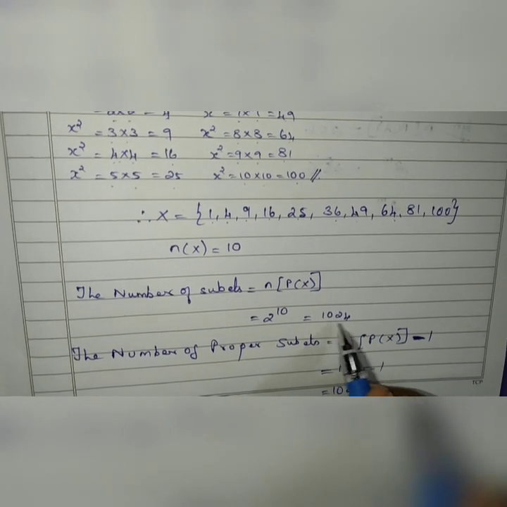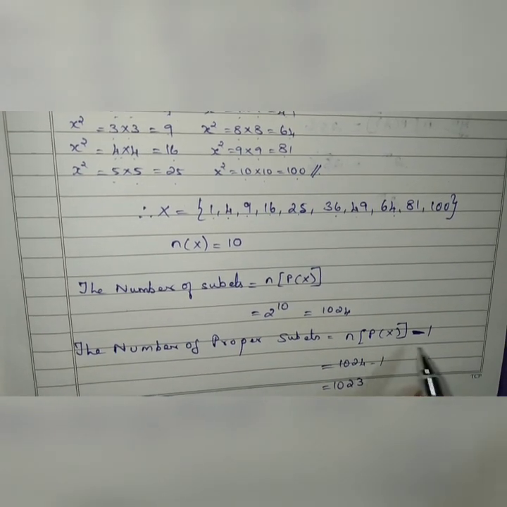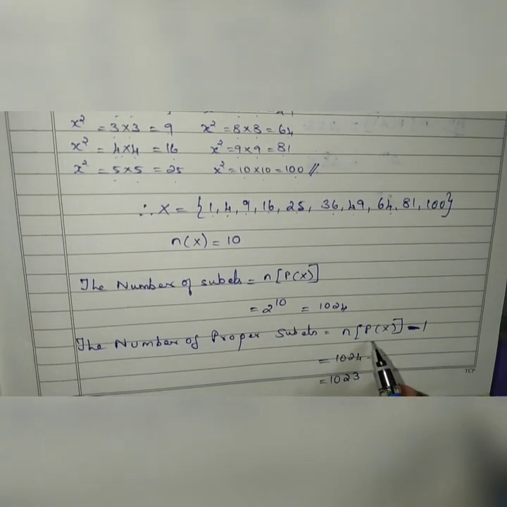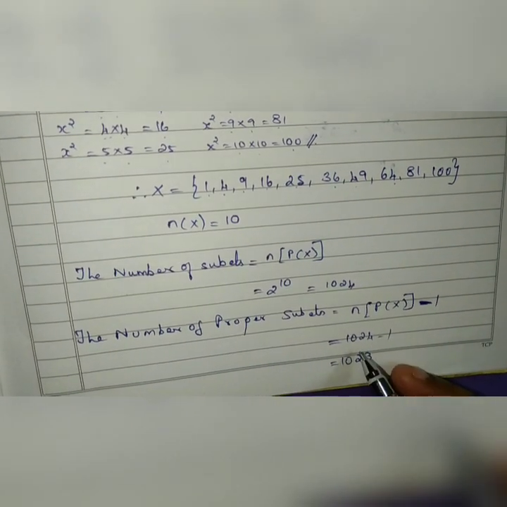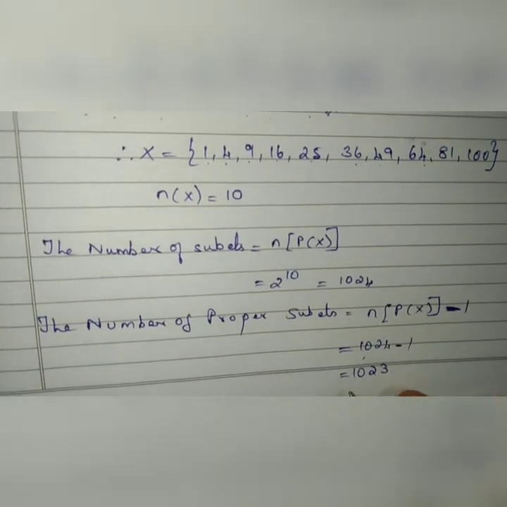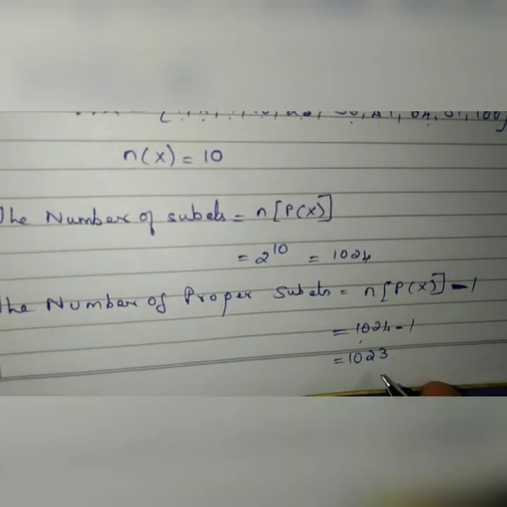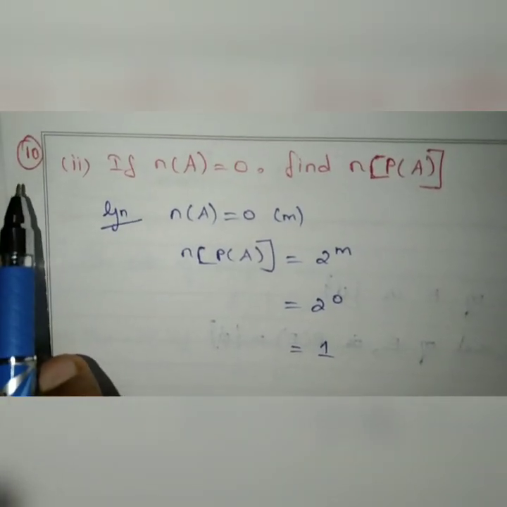So it is 1024. And the number of proper subsets is 1 less than n of P of X. So it is 1024 minus 1, that is 1023.